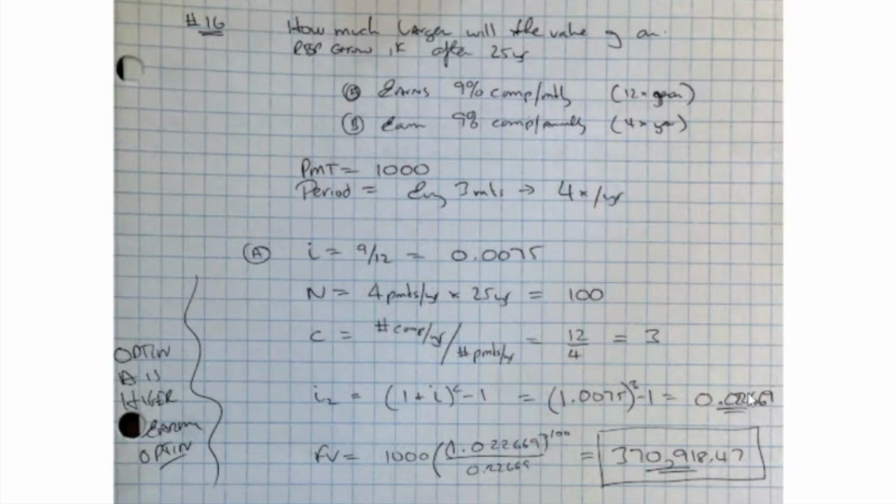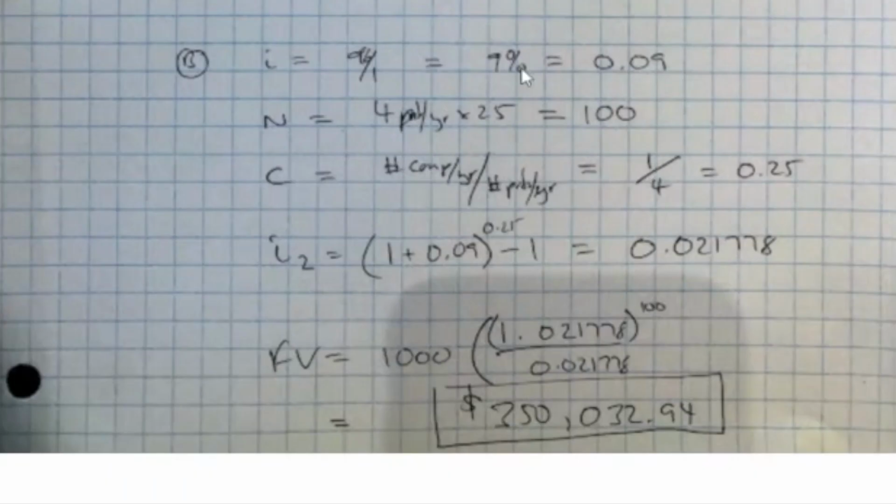So that's part A. That's the basic information we need in part A, and we are calculating the future value, so we'll come back to that in a minute. In the case of B, the second scenario is 9% compounded annually. So 9% divided by 1 is 9%, and that's 0.09. The total number of payments is 4 payments a year times 25, which is 100. The calculation of C is number of compounds per year, which is only 1, over number of payments per year, which is 4.